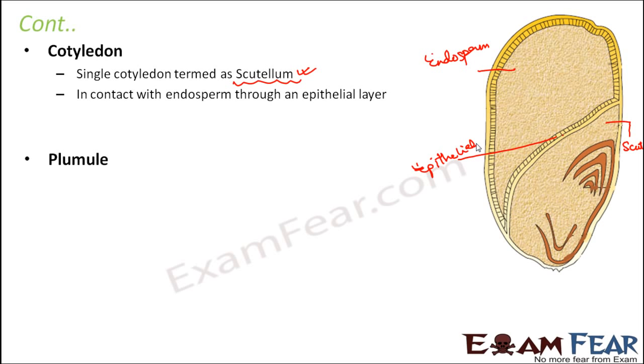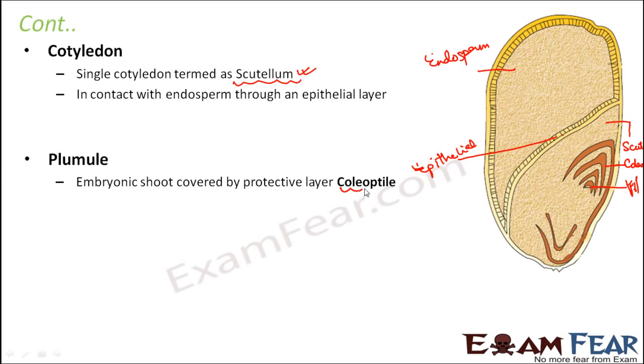Now this entire portion is basically the embryo. In the embryo you have the cotyledon and the plumule. Where do we have the plumule? This portion is the plumule, the embryonic shoot. It is covered by a protective layer called the coleoptile. If you see, the plumule is covered by some layer of tissue, and this layer of tissue is known as the coleoptile.